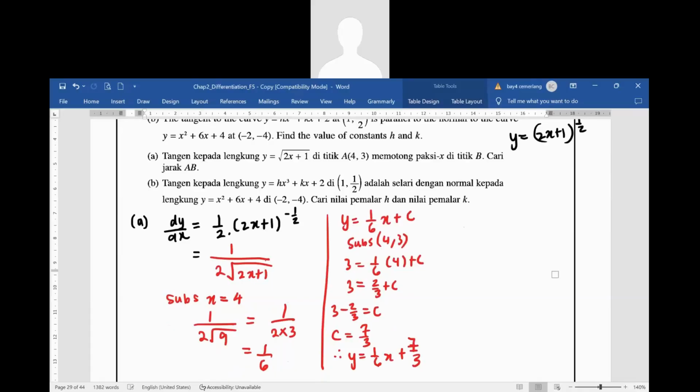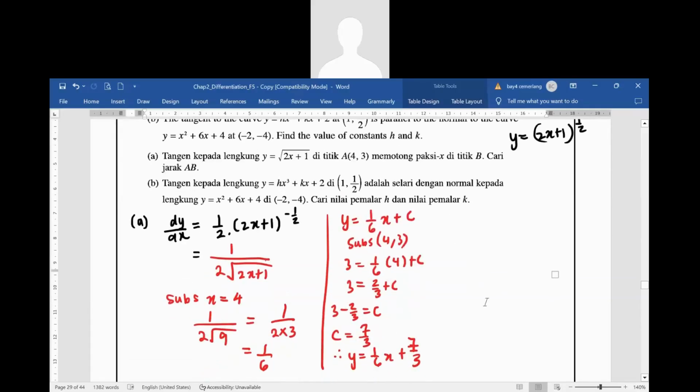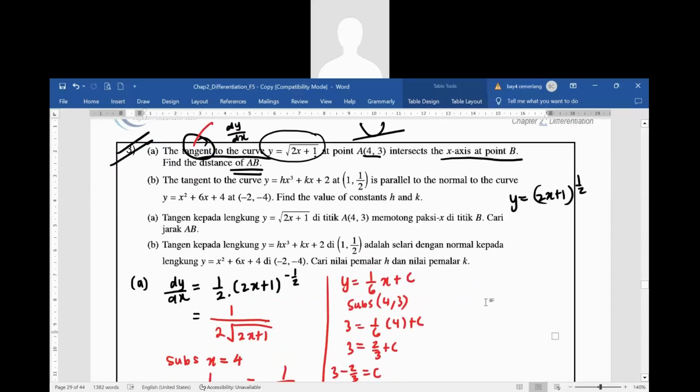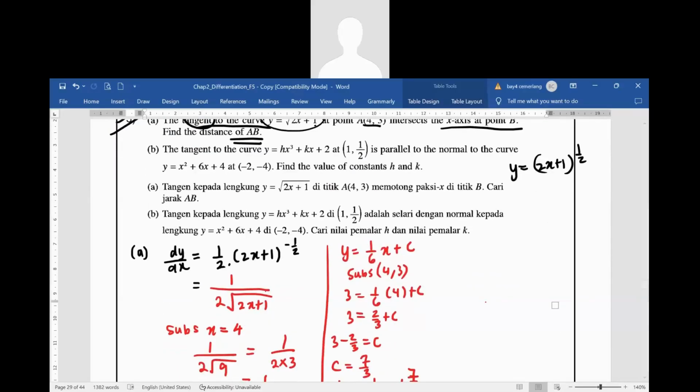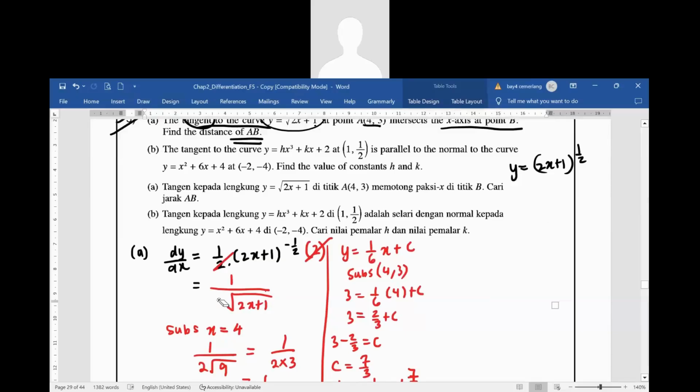Okay? Sir, to find the dy/dx, we have to multiply, right, sir? At first. Oh, okay, right. We need to differentiate the inside also, right? Exactly. Yes, sir. So, that means the 2 and 2 cut off. So, the 2 will disappear.